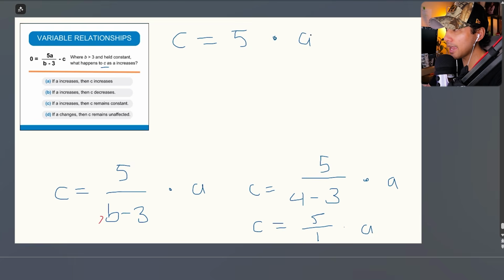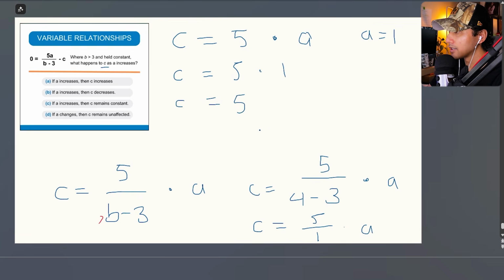So I'm going to set A to 1. A equals 1, C equals 5 times 1, so C equals 5. You won't know yet what's happening, but just know that I made A equals 1, and when I got C, it equals 5.